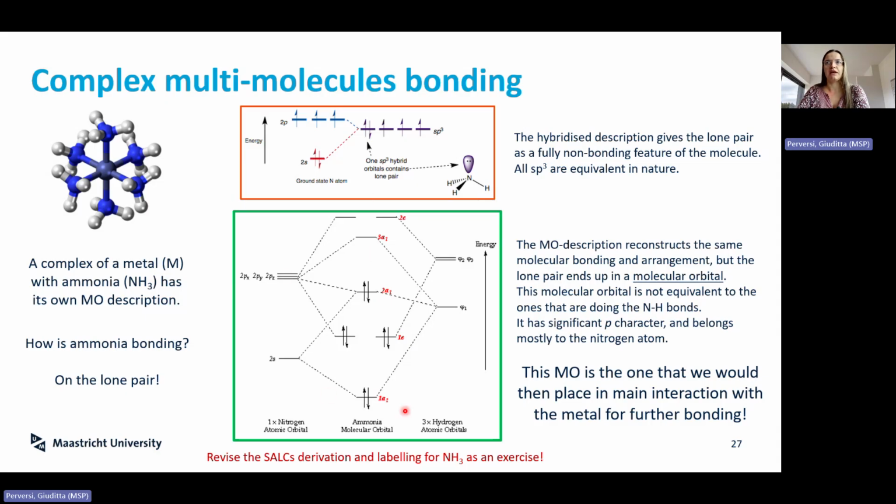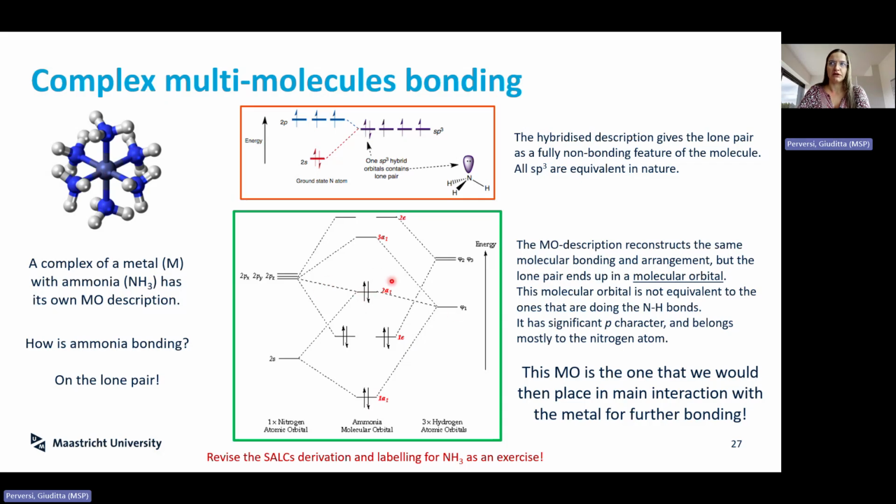So every time we're looking at the interaction, if we want to know what is the interaction of the ligand, we actually need to get the frontier orbital, so the highest possible one available either of the atom or of the molecule. It doesn't matter what the rest of the molecule is doing, not really at this stage. You know that the last thing that is interacting will be this lone pair bonding into the metal.